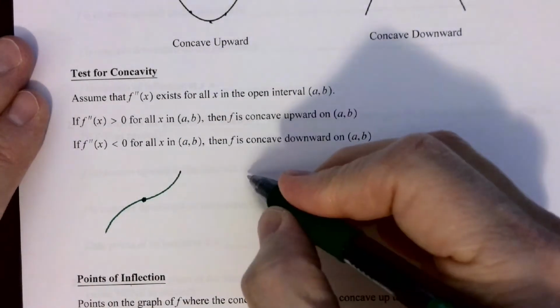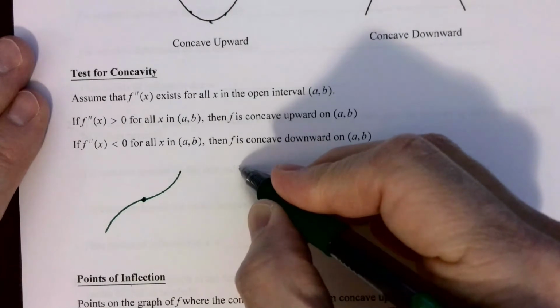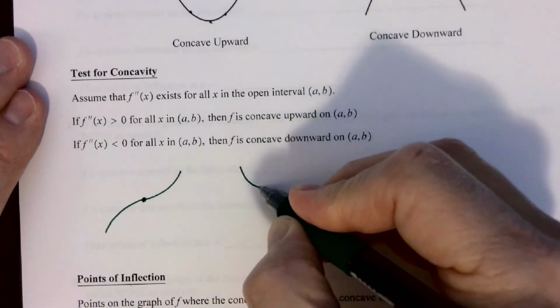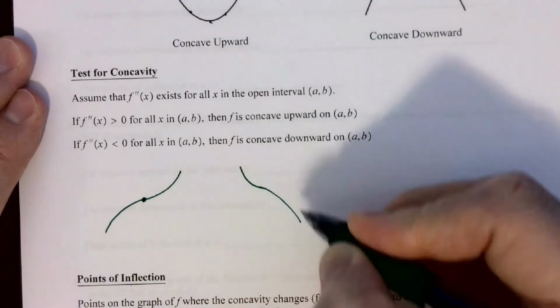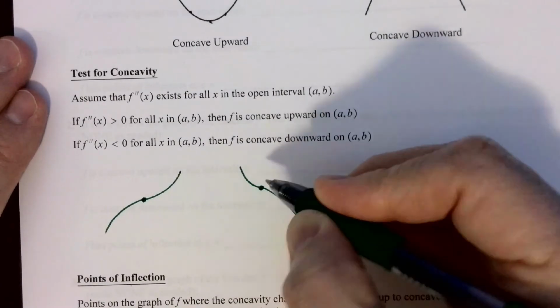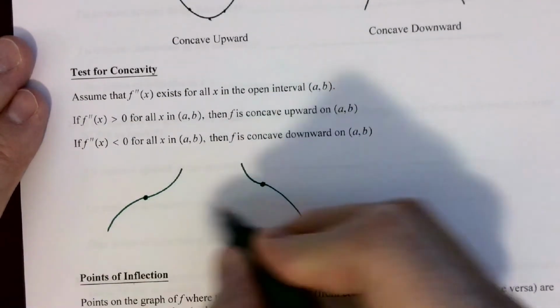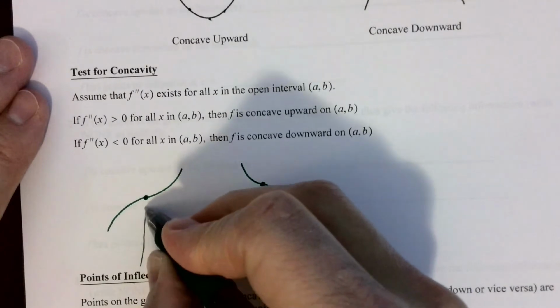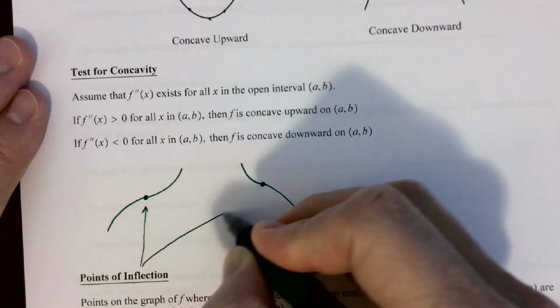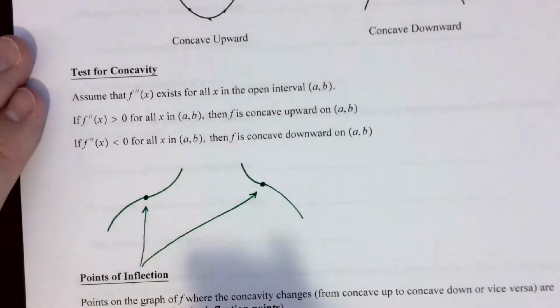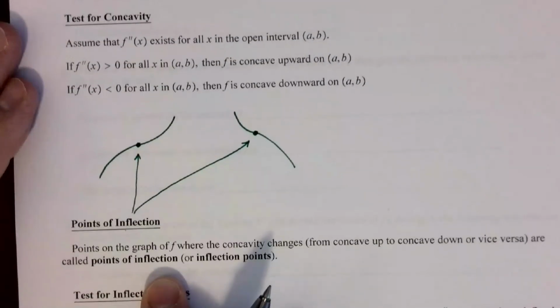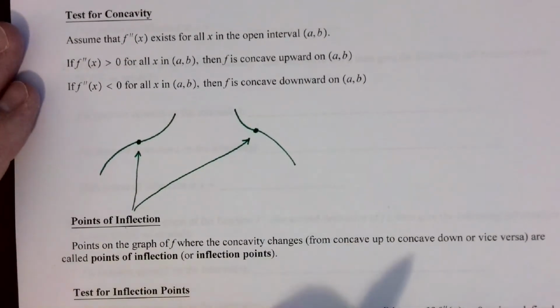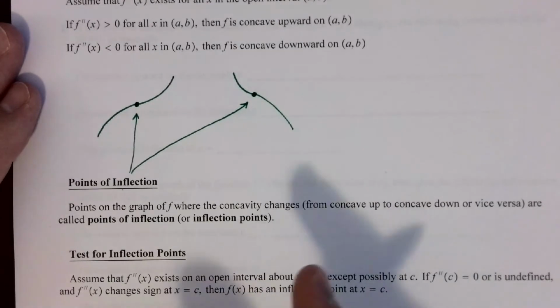I can also be changing from concave up to concave down, something like that. So these points right here are points of inflection, where we have a change in concavity, either changing from concave up to concave down or vice versa. So points of inflection, or inflection points.